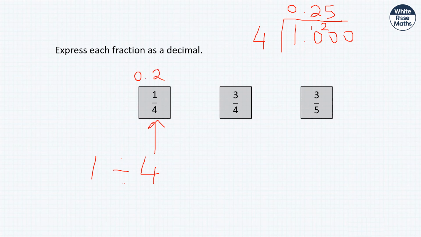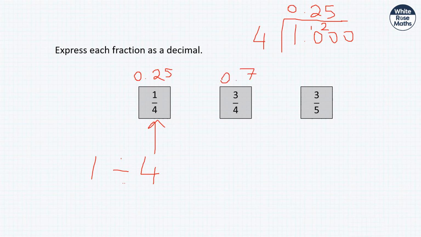Hopefully at this stage when you're revising, you would have already known that to be the answer, but this is a way of getting your answer in case you ever forget your FDP conversion, meaning fraction decimal percentage conversions. 3/4 is going to be 3 lots of that, which is 0.75.